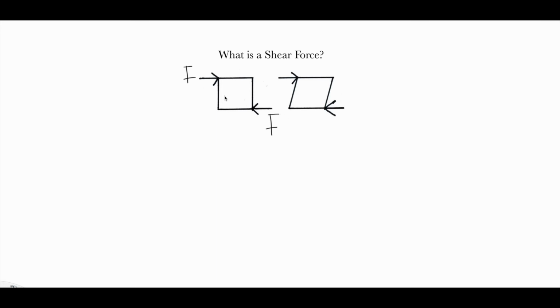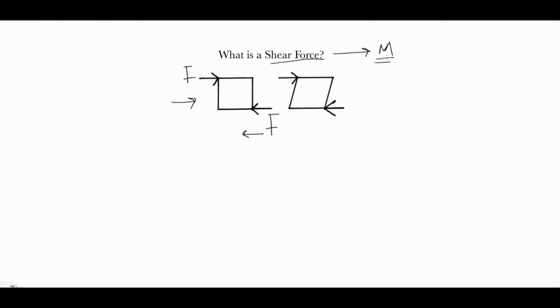In other words, part of the surface is pushed in one direction, which is this direction, and part of it is pushed in the other direction, causing forces that are perpendicular to the surface. Actually, the shear force is the force that exerts moment.